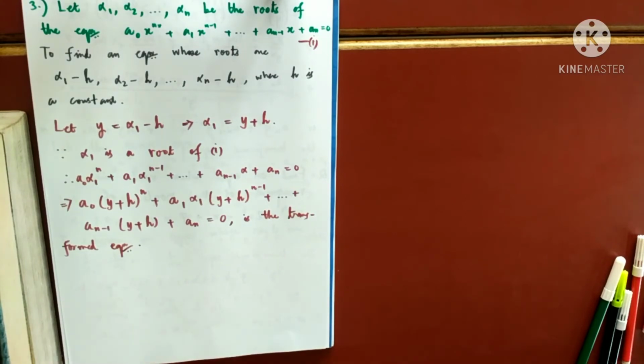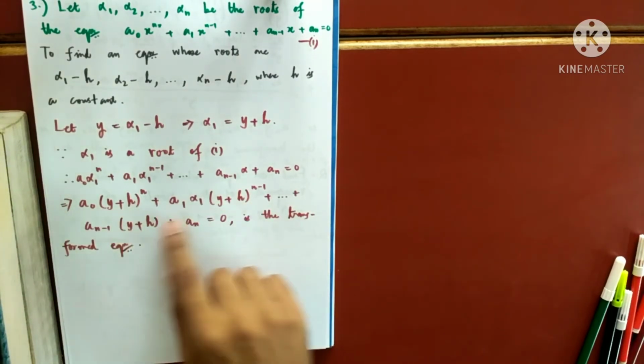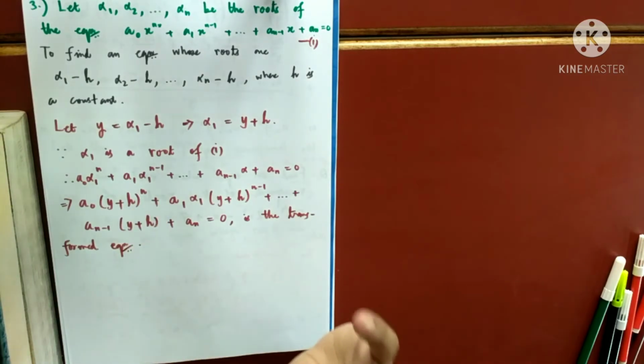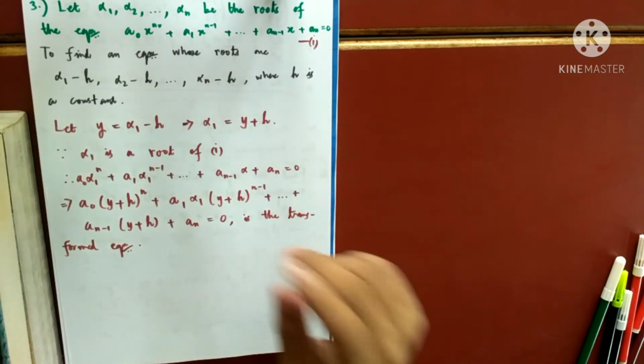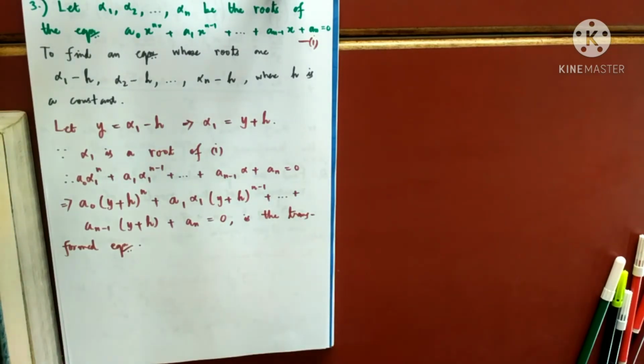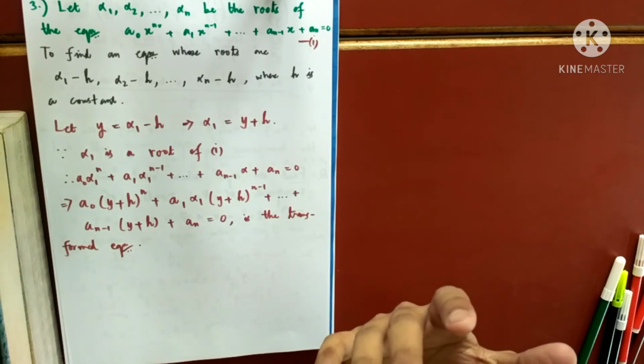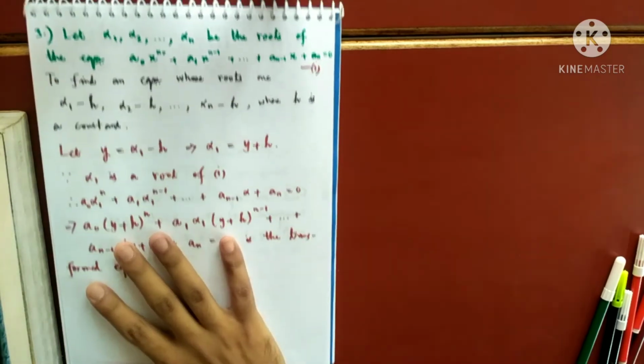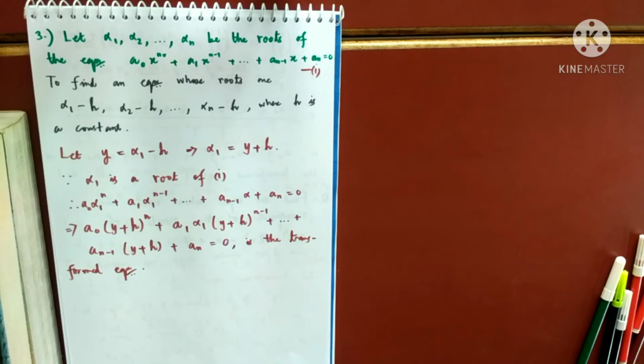That means I will have to open these brackets by using the formula or using synthetic division. I'll teach you both methods, and then I'll get a polynomial, and that will be the transformed equation. So here there is no kind of formula, but please remember the logic, what you have to do, just this way. Okay. So I'll just show you some examples now.